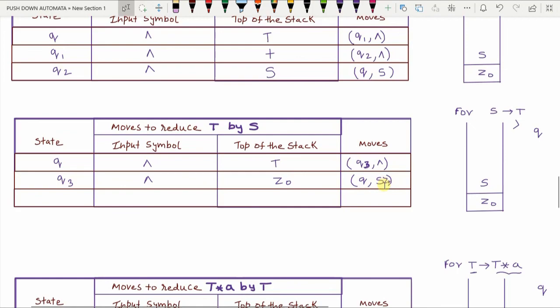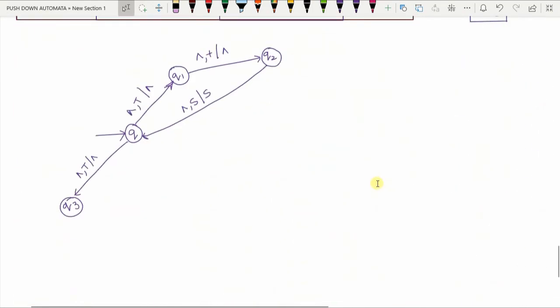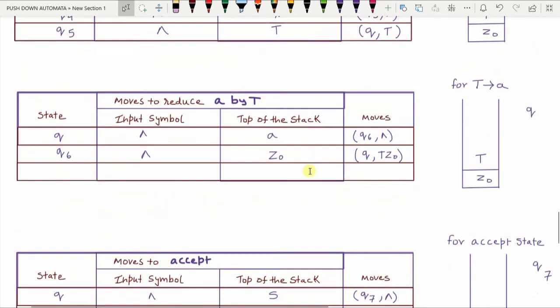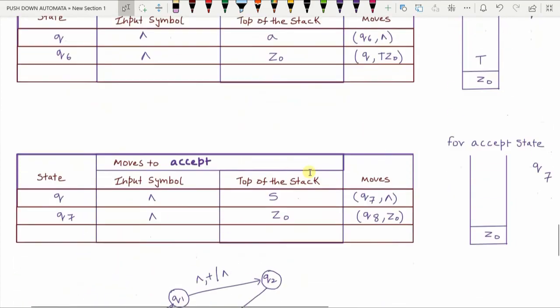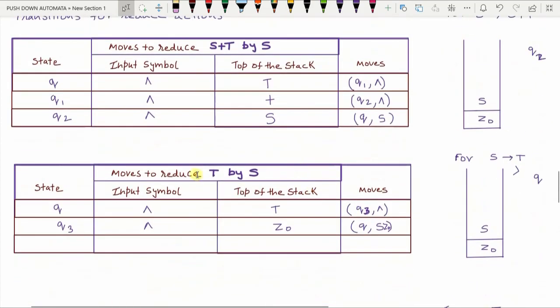Null, Z0, S Z0. So you are coming back to Q. Please bear with me, the automata would look slightly shabby, but can't help because many states are there. So this is the second transition.